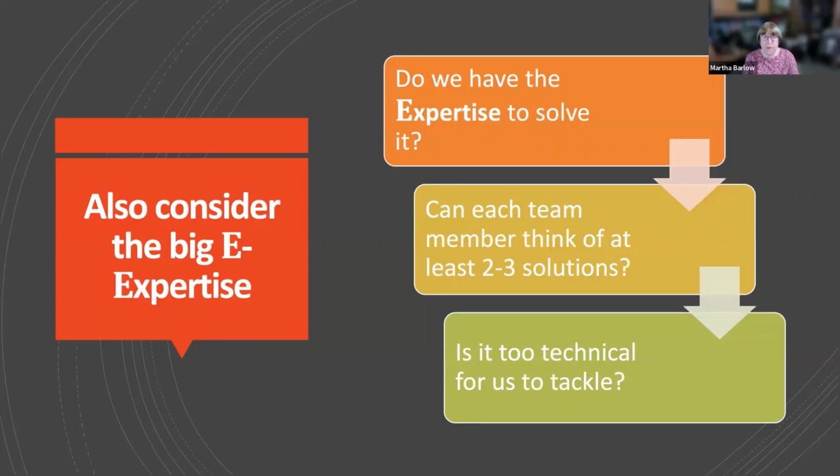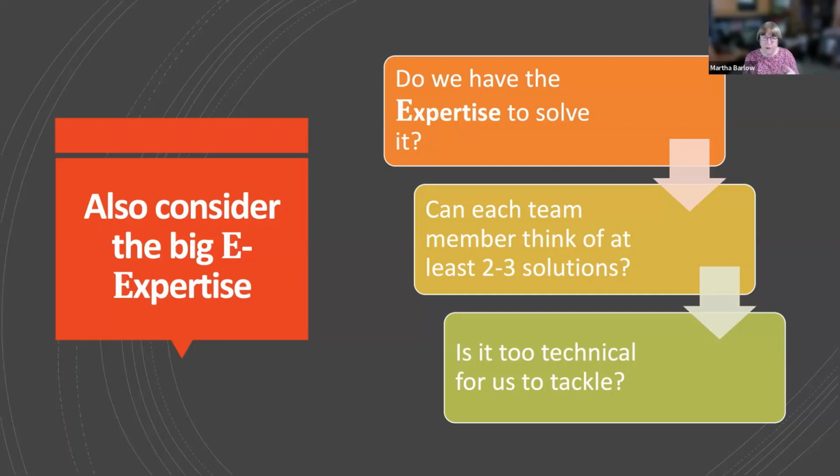And the other one is the big E. Do we actually have the expertise to come up with a lot of ideas for this underlying problem? Sometimes in technology-oriented future scenes, the kids come up with something that needs them to do a lot of technological things that they don't really have the expertise for.